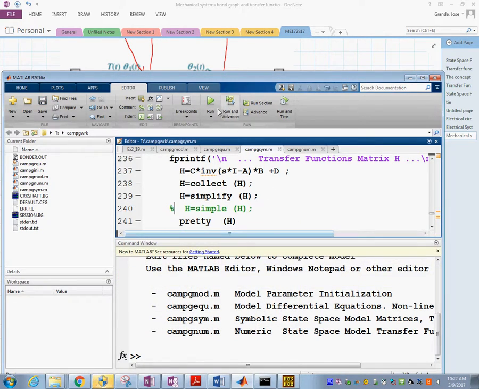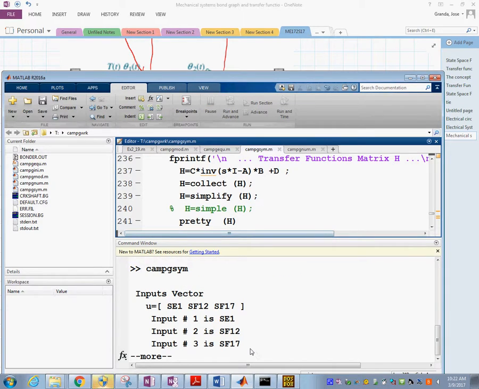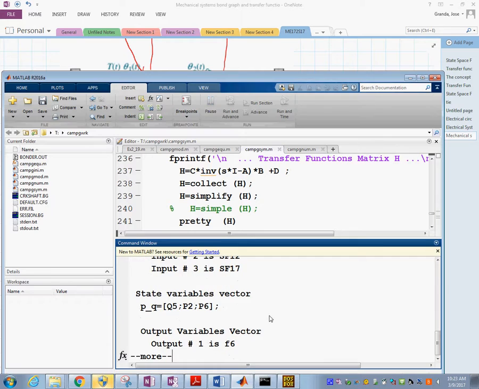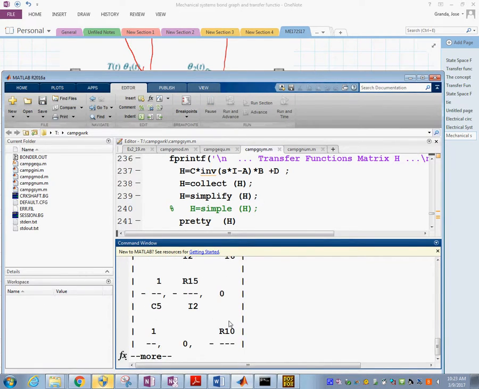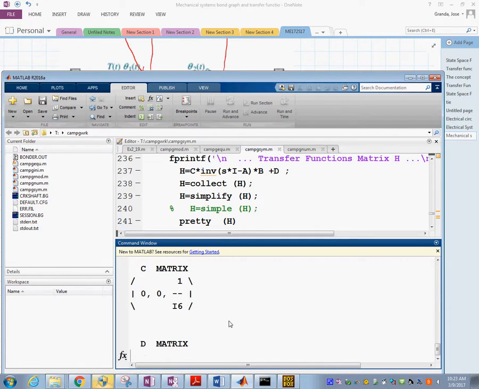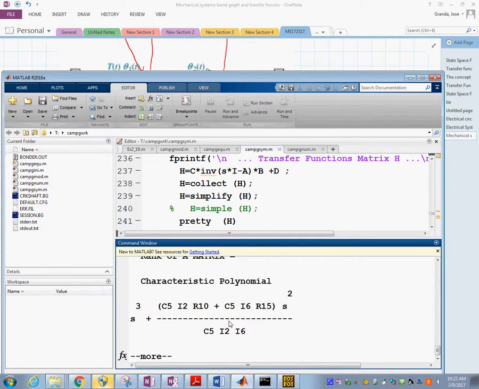So if you're running here, this is the input. We have 1 output, but we have 3 inputs. Input number 1 is SE1. It gives us the A, B, C, and D matrices, and then the computer will give us the transfer function that we want.